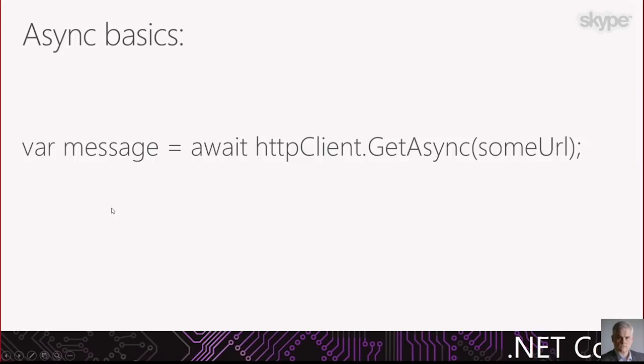Once the .NET Framework runtime attempts to execute this right-hand side of the code, it knows it has a promised future value. It's like an IOU. We'll come back to that thought here in just a moment. This allows the thread of execution to put this method call, or the remainder of the method, the code that you don't see here that would come after this line of code, essentially on pause, and return control back to the caller of the method, which you don't see on this slide, but that's above it.